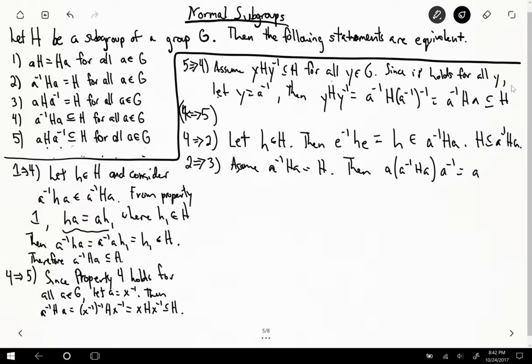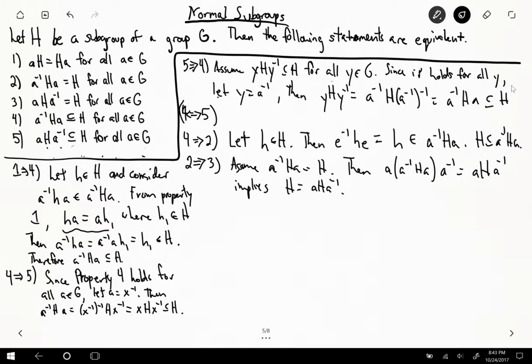If we do that on the left and right, we have to just be consistent. So we can write it this way. But this right here, A A inverse, that's the identity. And here, that's the identity. So what you're left with is that this statement implies that H equals A H A inverse, which is exactly the result we wanted. So we're done with that one.